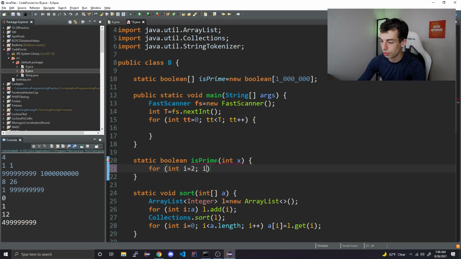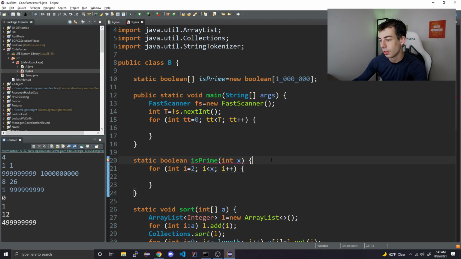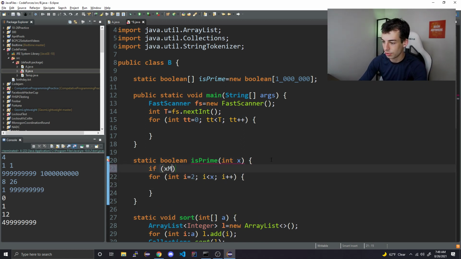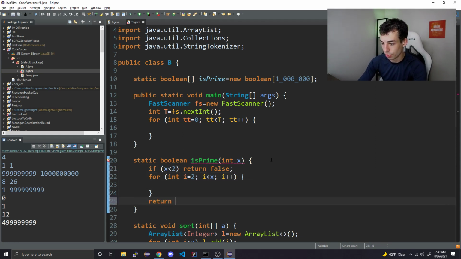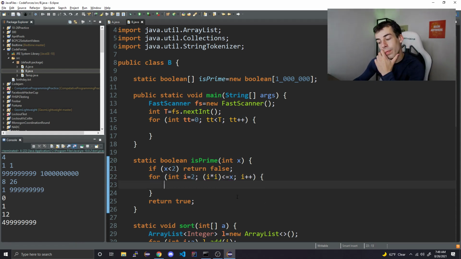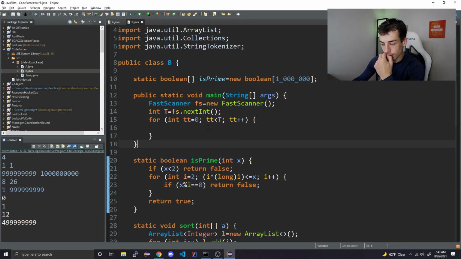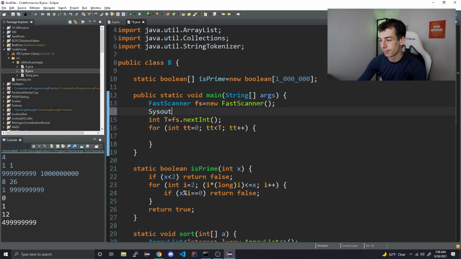So for int i equals 2, i times i is less than or equal to x, i plus plus. If x is less than 2, return false. Otherwise, if x mod i is 0, return false, and then return true. So now we can check if some things are prime. Let's pre-compute all this.